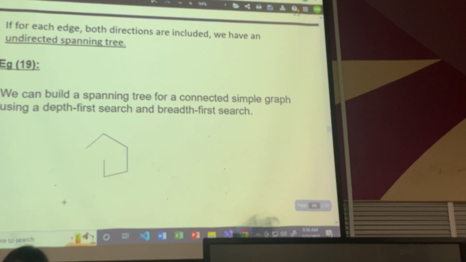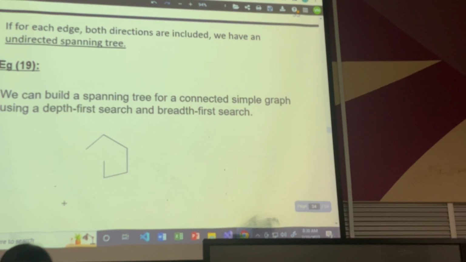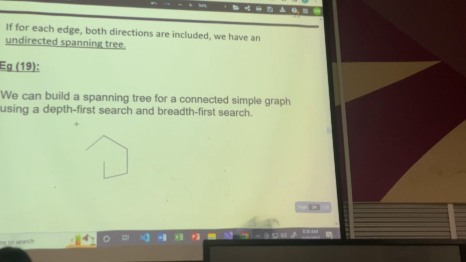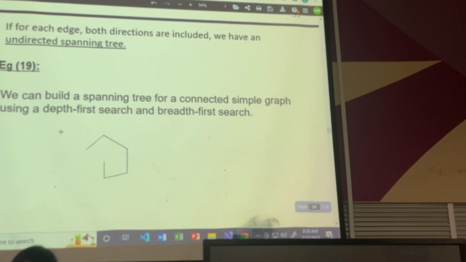But if the graph given is a complicated graph, then how do we find the spanning tree easily? Actually, we have algorithms using two searches, which are depth first search and breadth first search. So these two are different ways to get a spanning tree from the graph given.